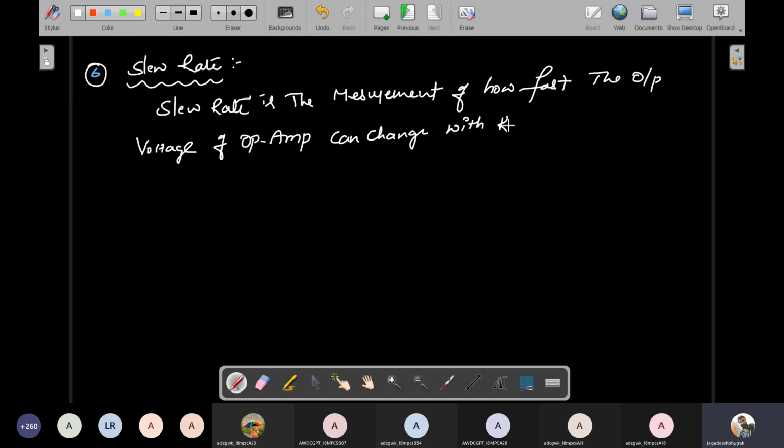This is a 5 marks question. They are asking what the slew rate is.